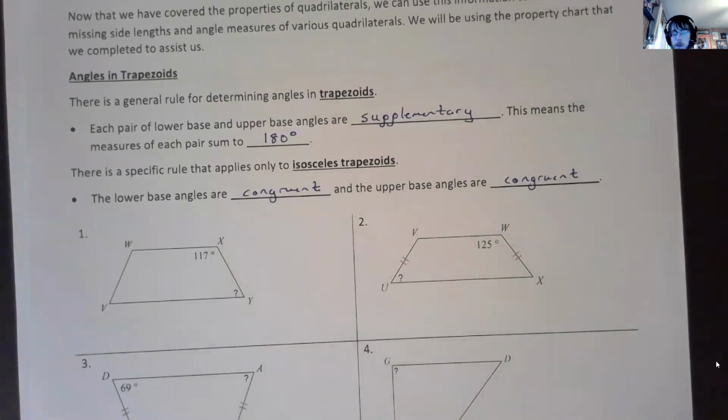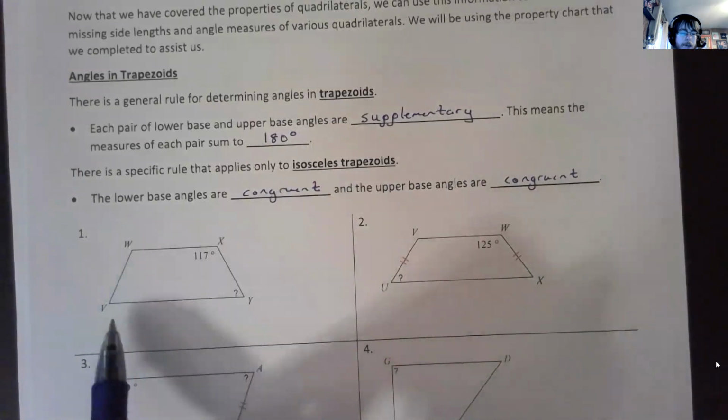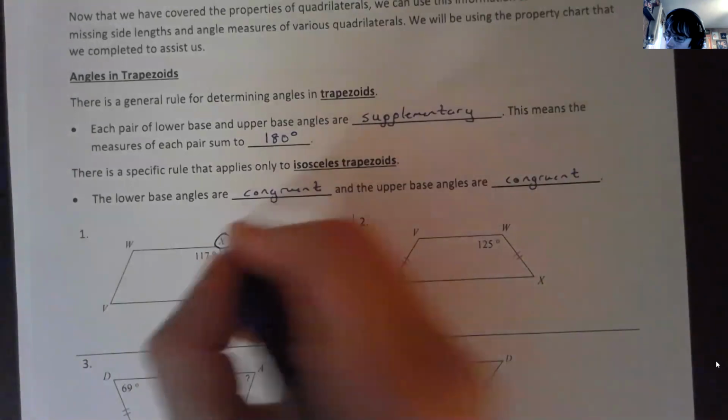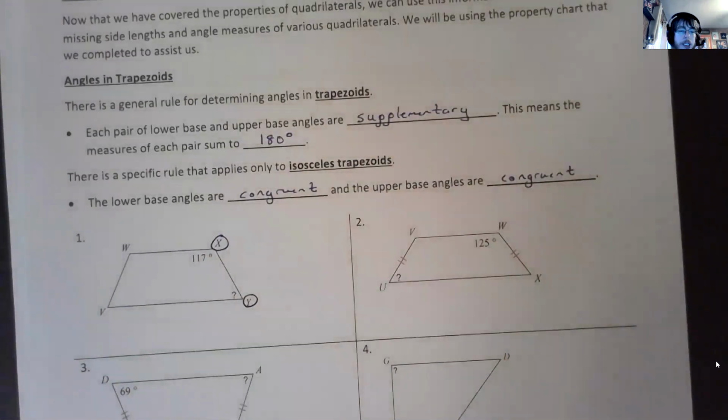Number one, we have trapezoid WXYV, and we're given angle X and angle Y. The important thing here is we need to make sure which type of trapezoid we're dealing with, whether it's a general trapezoid or an isosceles trapezoid.